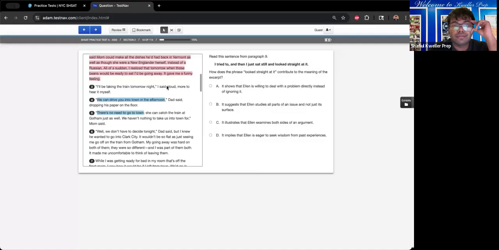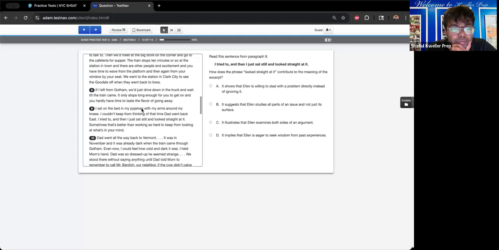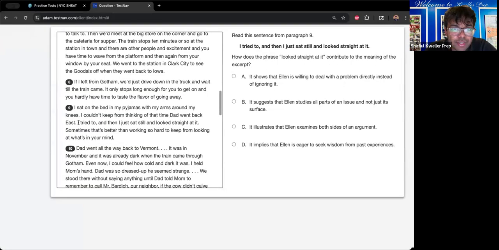Let's go to 19. Read the sentence from paragraph 9. "I tried to, and then I just sat still and looked straight at it." How does the phrase "look straight at it" work? Straight at it, it's not a physical thing, right?